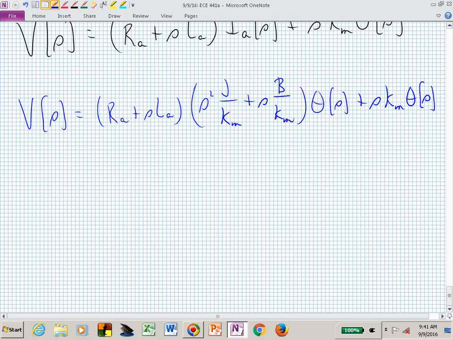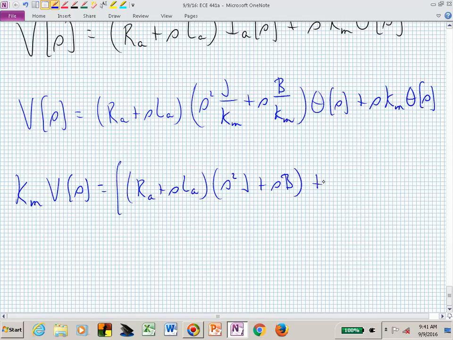To clean this up, let me get rid of that k sub m in the denominator by multiplying both sides by k sub m. I now have k sub m V of s is equal to R sub a plus s L sub a, times s squared J plus s b, plus s k sub m squared, and all of that's times theta of s.